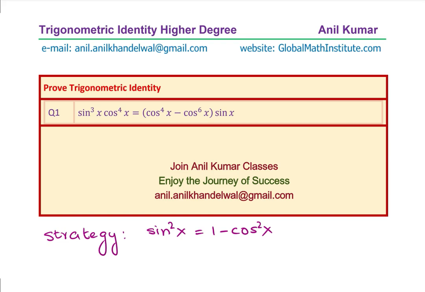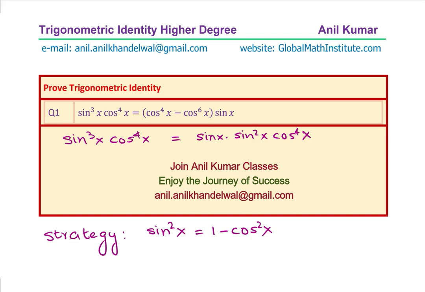So let's rewrite this question. We have sine cube x times cos of 4x. That is the left hand side. We can split sine cube x and write this as sine x times sine square x times cos of 4x. Since the power of cos is 4, lowest, right?